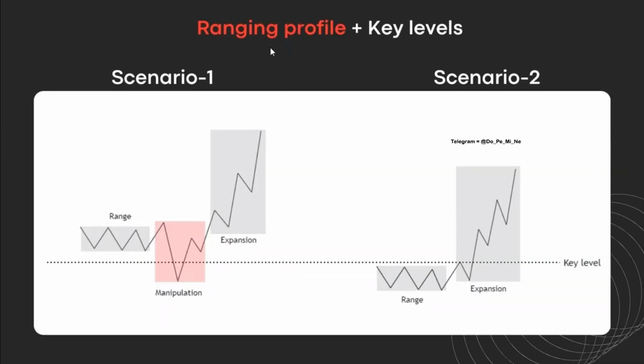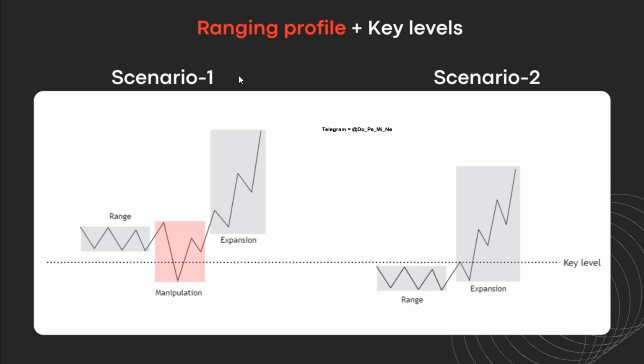Now, the first combination we've got here is the combination of ranging market profile and key levels, right? Now, what you need to keep in mind is this line right here represents key levels on the higher time frame, okay? So whenever you see this dotted line right here, it would represent a key level on the higher time frame.